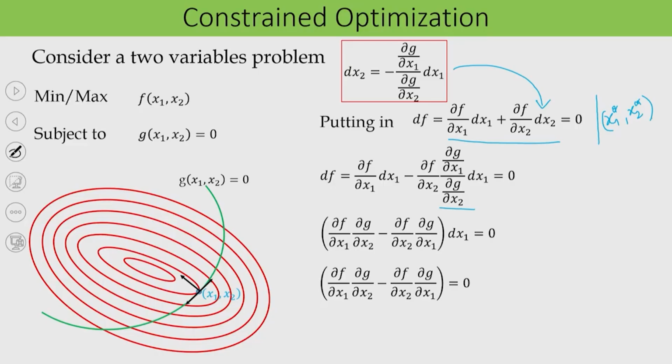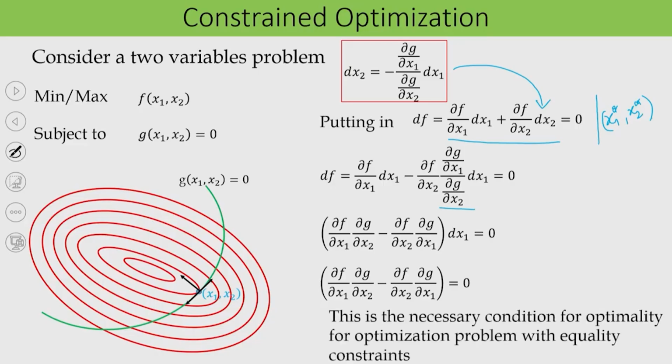So this is the necessary condition for optimality: del f by del x1 into del g by del x2 minus del f by del x2 into del g by del x1 is equal to 0. This is the necessary condition for optimization problems with equality constraint.